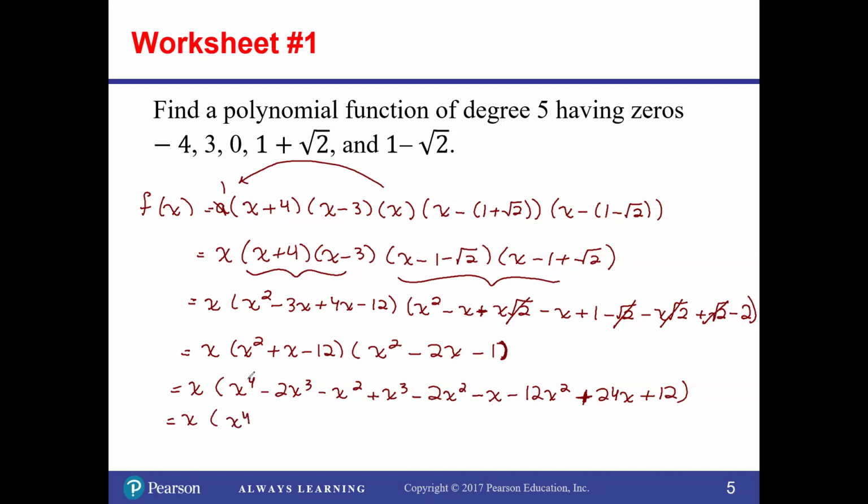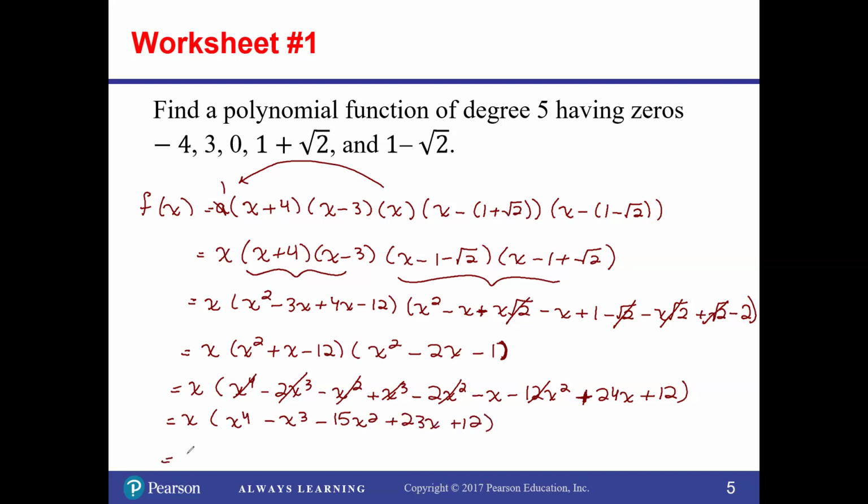So we got our x to the 4th. Now if we do our cubes, we got -2 plus 1, so that's going to be a negative x cubed. If I do my squares, I got -1, -2, -12, so -15x squared. Now if I do my x's, -1 plus 24, so plus 23x, and then we have plus the 12.